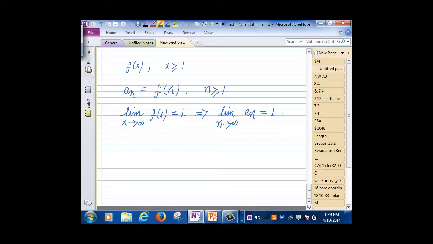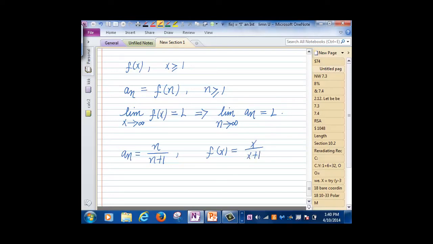But because of this fact that I just wrote down, if I have a sequence, a lot of the time there is a corresponding function of x. For example, if I have the sequence a_n given by n over n plus 1, the corresponding function f of x is x over x plus 1.